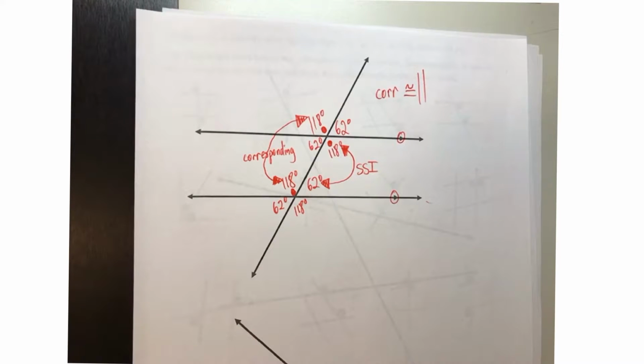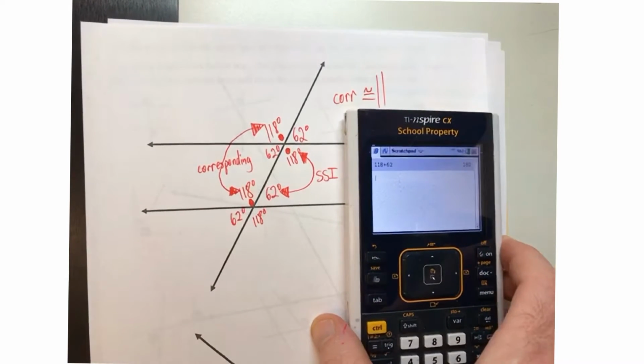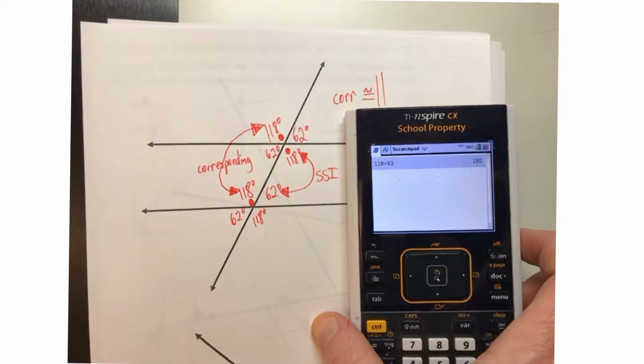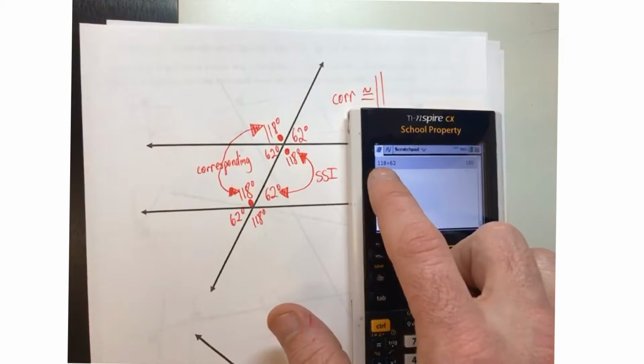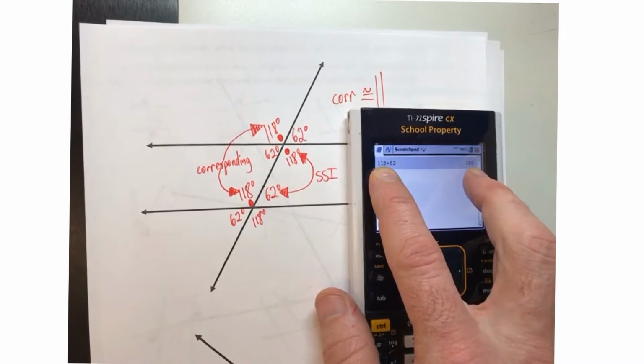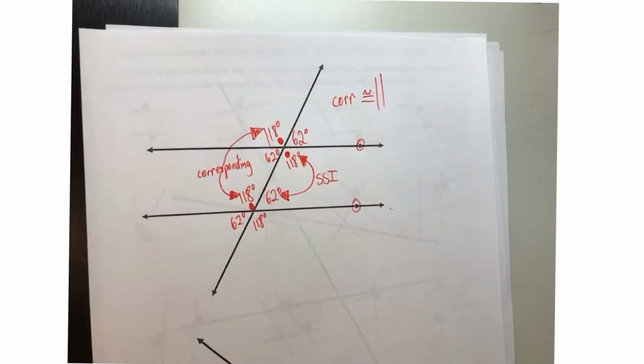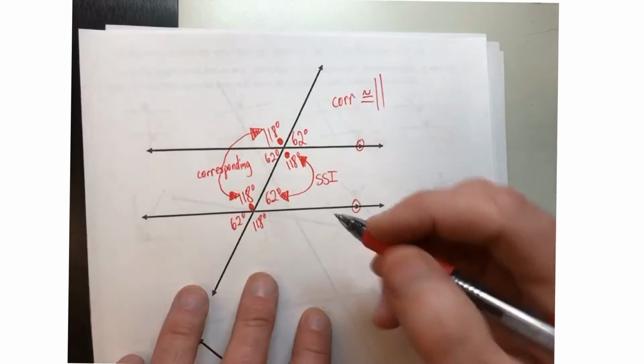What do you think is happening there? 118 plus 62 is what? It's 180. What do we say about two things that add up to 180? What do we call that? Supplementary, right?